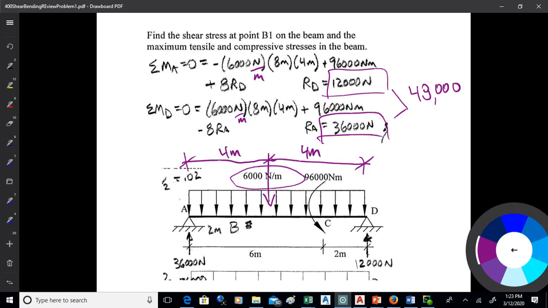Okay. Next thing there is to find a shear diagram. So why don't we spend a couple minutes on that. Remember, the couple has no direct effect on the shear. Now the couple affects the reactions, which indirectly affects the shear, but the couple has no direct effect on the shear. Okay? So why don't we run through that.